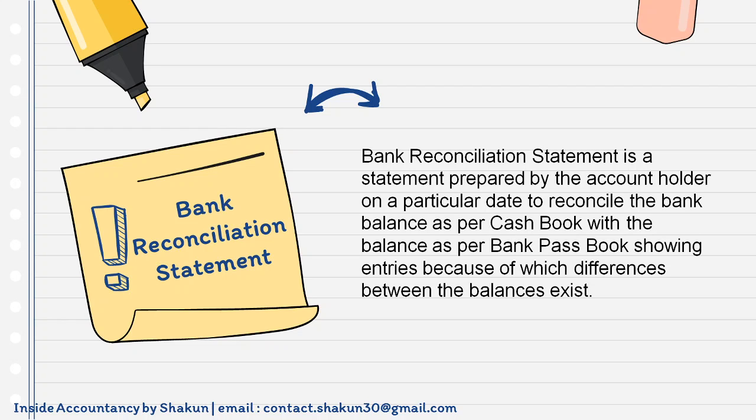So those transactions need to be rectified and we need to reconcile or match the balances of cash book and passbook. For more details, you can click on the I button, which has the previous videos that discuss in detail the bank reconciliation statement meaning, need and importance.